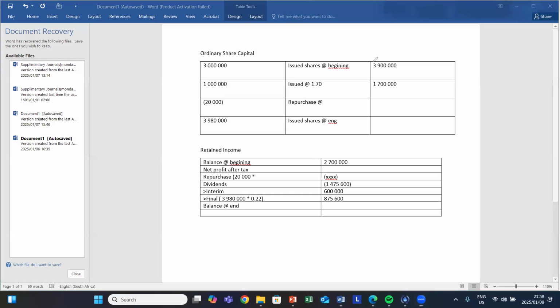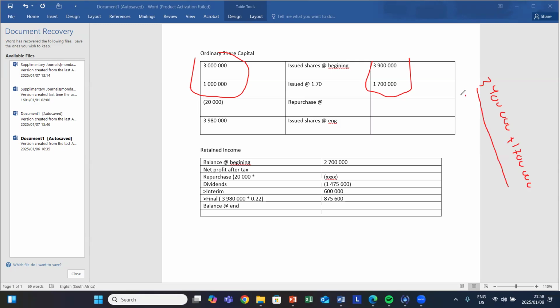Meaning we'll just say the value of your shares, 3,900,000, plus 1,700,000, add them, and divide by the number of shares that you had, so that you get your average price.